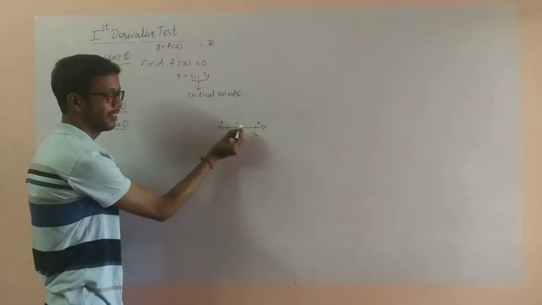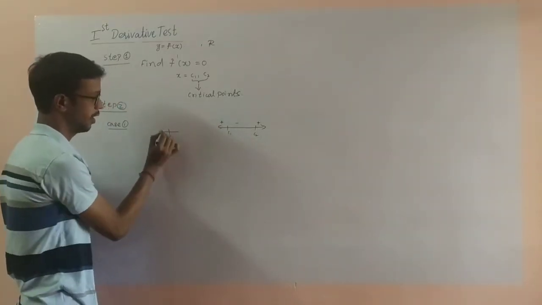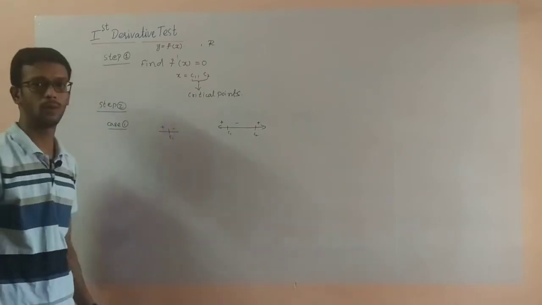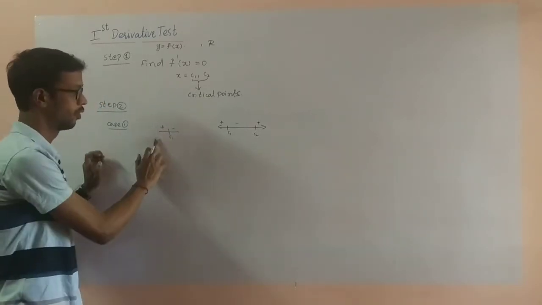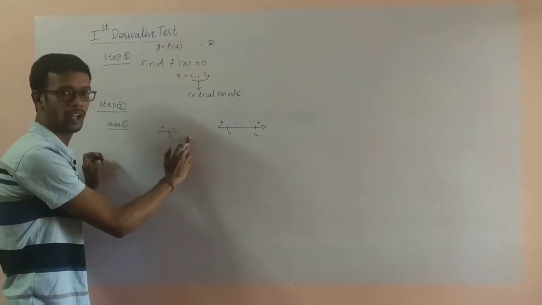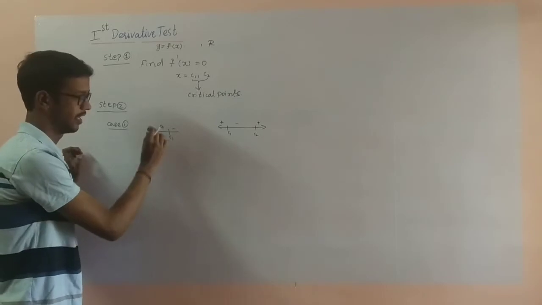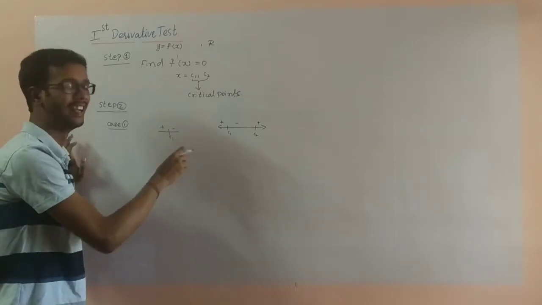So case 1, positive to negative. Here C1 goes from positive to negative, left to right. If it is decreasing, that is nothing but decreasing.